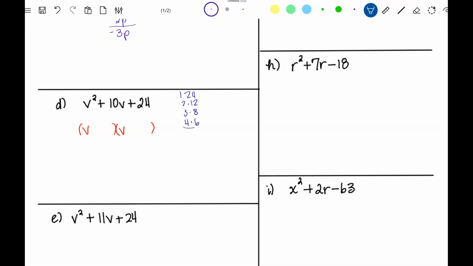So we need them to combine to give 10V. 4 and 6 combine to give 10V. But look, 2 and 12 could also combine to give 10V if 2 was negative and 12 was positive. But in order to multiply and get a positive 24, the signs have to be the same. So it has to be 4 and 6, and they're both plus.